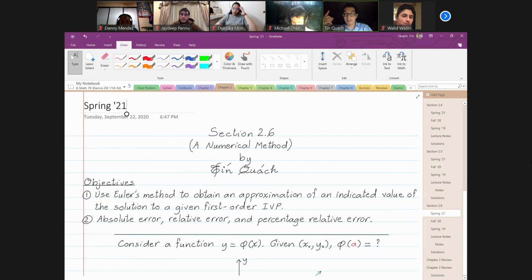That means we sketch a direction field and then we try to estimate a solution curve passing through a given point, which we call the initial point, or initial value. So that's what we did in section 2.1: solving first order differential equations graphically in terms of a direction field.